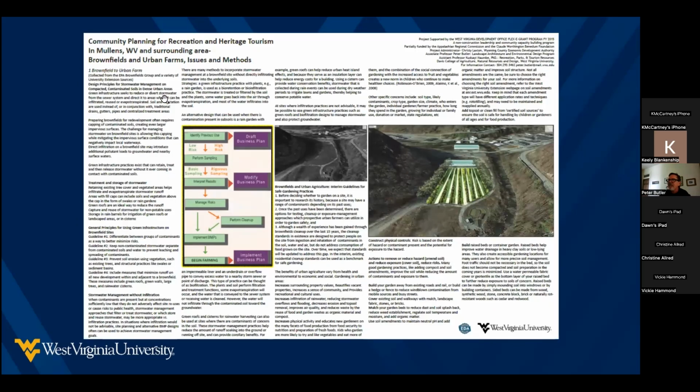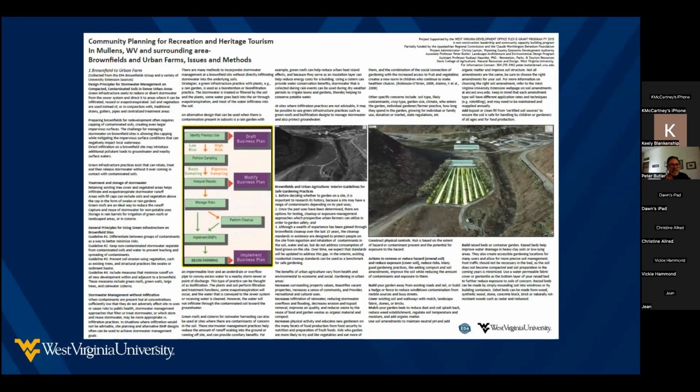Another site in Mullins is a brownfield. One of the projects that we're working on at WVU is called the Technical Assistance to Brownfield Communities. And so if a community has a brownfield or a post-industrial landscape that they want to redevelop, we can provide support in terms of planning and design and grant writing or assisting with grant development to see those sites utilized.